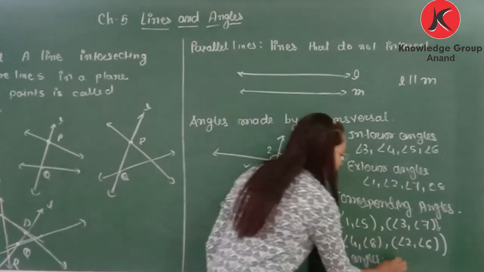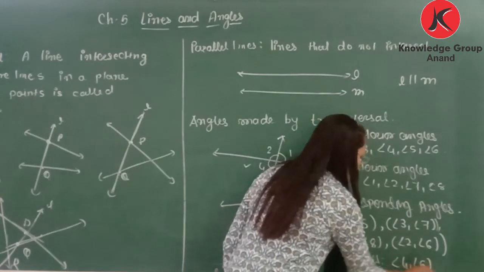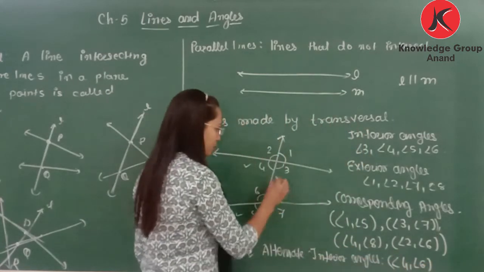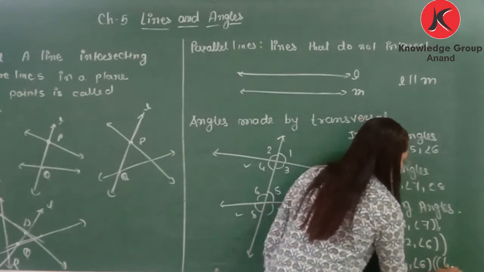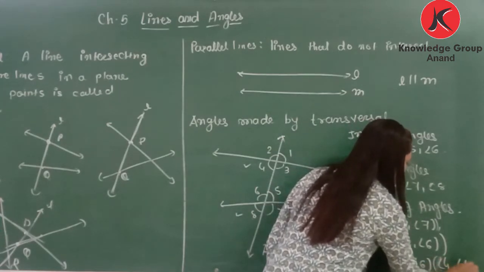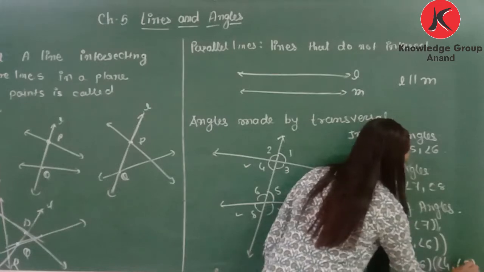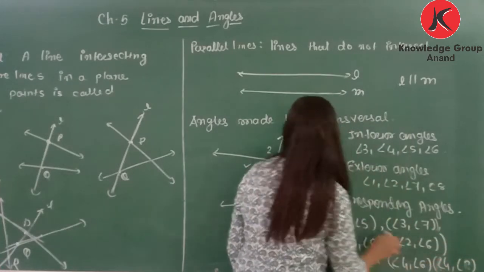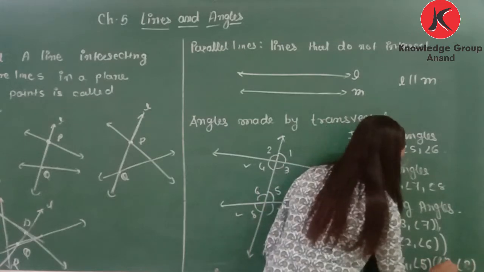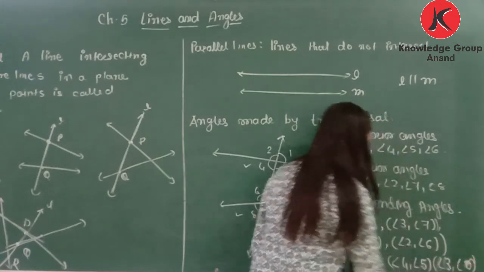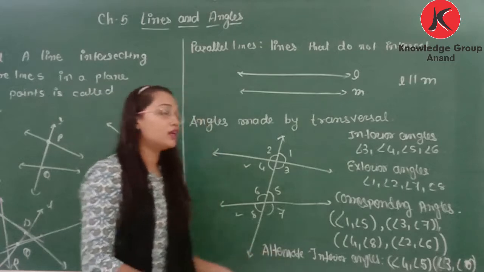So angle 4, angle 6, angle 3 and angle 5. Angle 4 and angle 5 and angle 3 and angle 6. So these are the alternate interior angles.